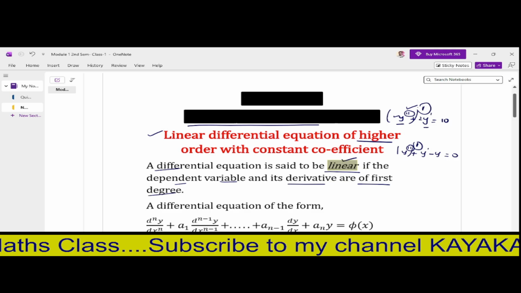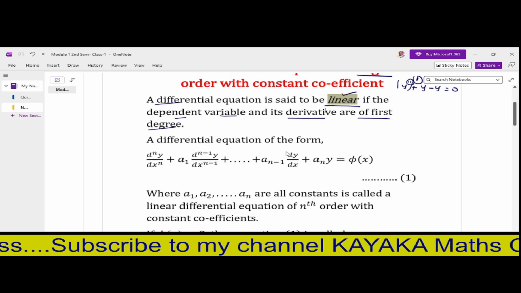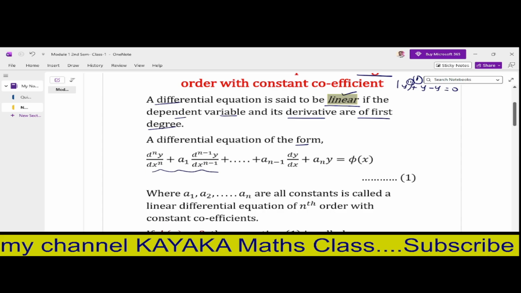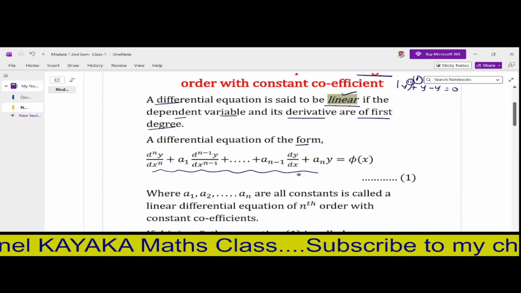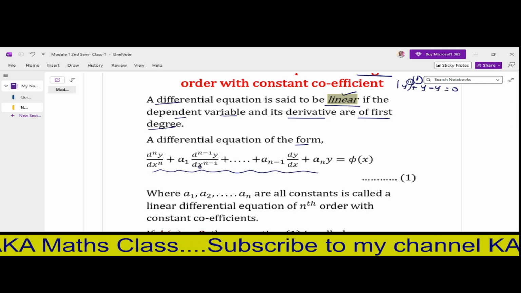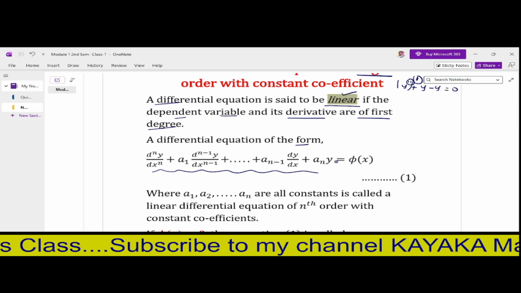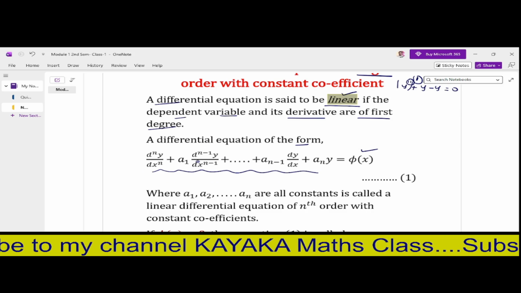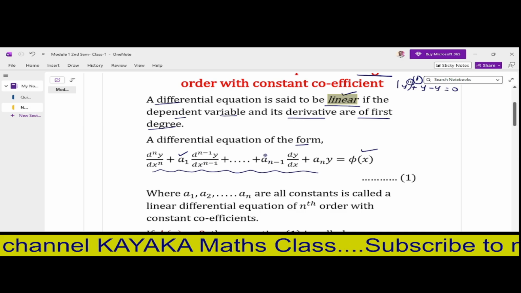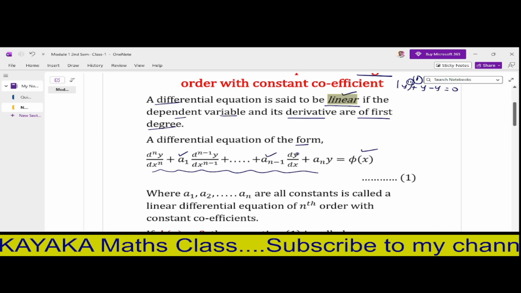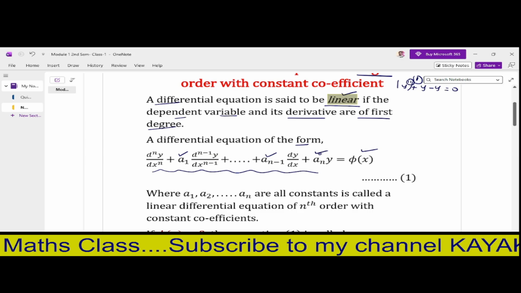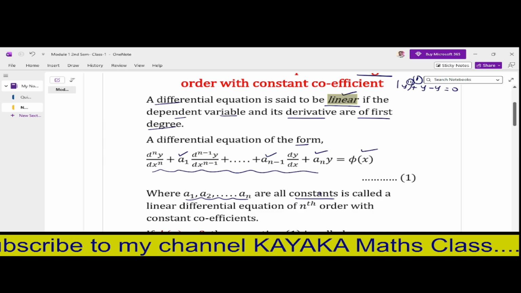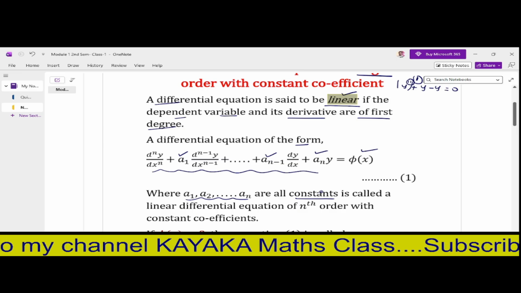Now the differential equation is of this form, the general form: d raised to n y by dx raised to n plus a1 d raised to n minus 1 y by dx raised to n minus 1 and so on is equal to phi of x. Here you can find the derivative terms, and also some constants: a naught, a1, a2, an minus 1, an and so on. These may be positive or negative constants.